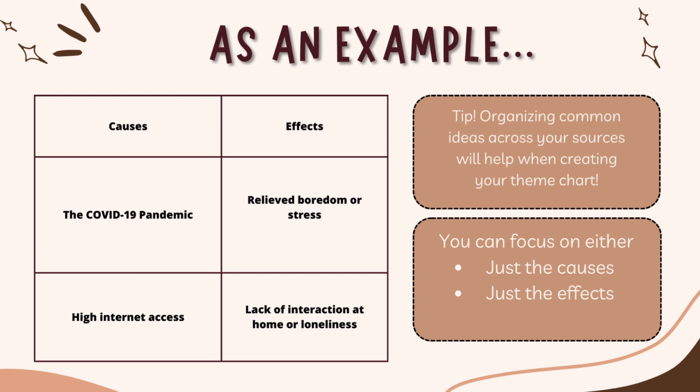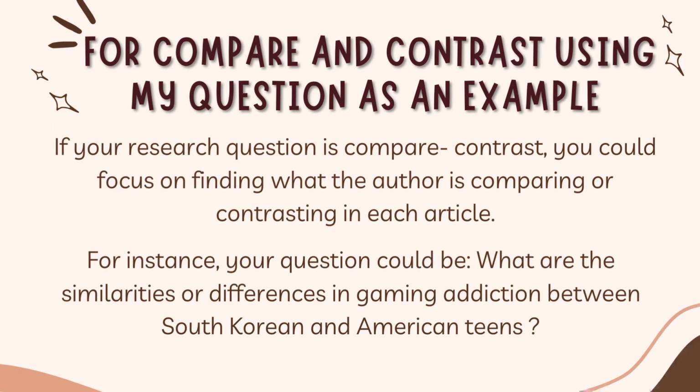So a tip I have is that organizing common ideas across your sources will help when creating your theme chart. So you can just focus on either just the causes or just the effects. It kind of depends on the structure of your paper.